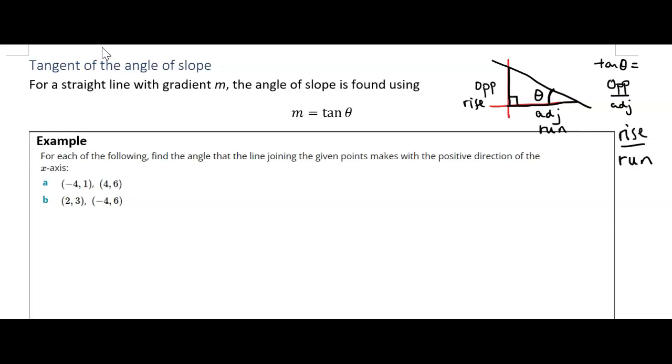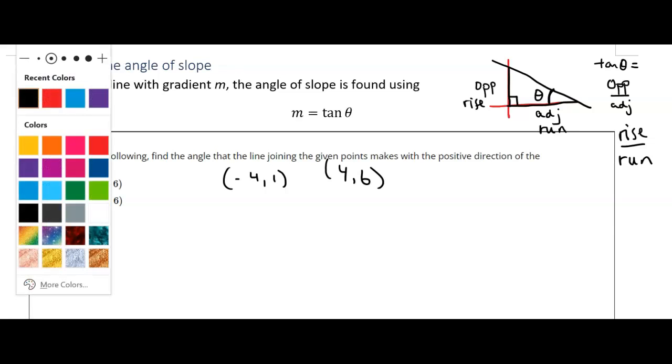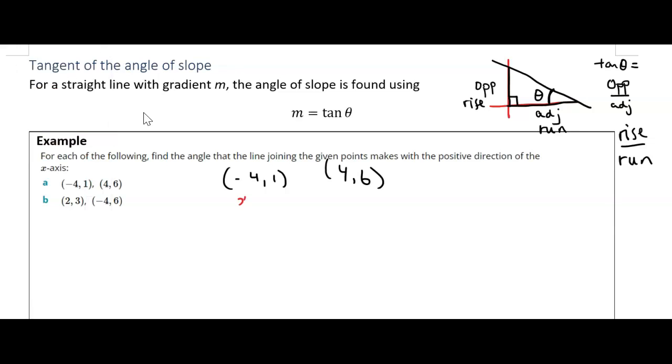All right, so let's do these two examples. So we've got -4, 1 and 4, 6. So I'm going to rewrite them. So -4, 1 and 4, 6. And I'm going to label them x1, y1, x2, y2.